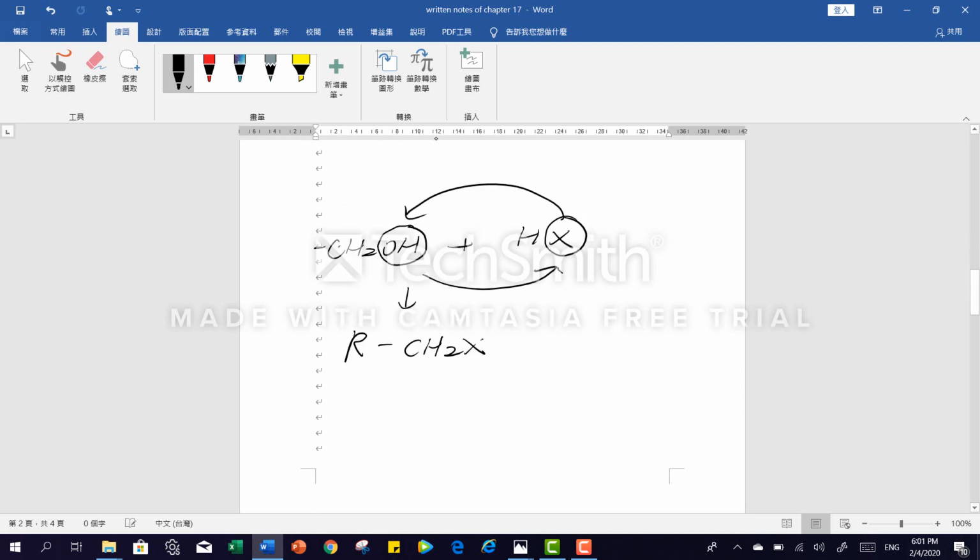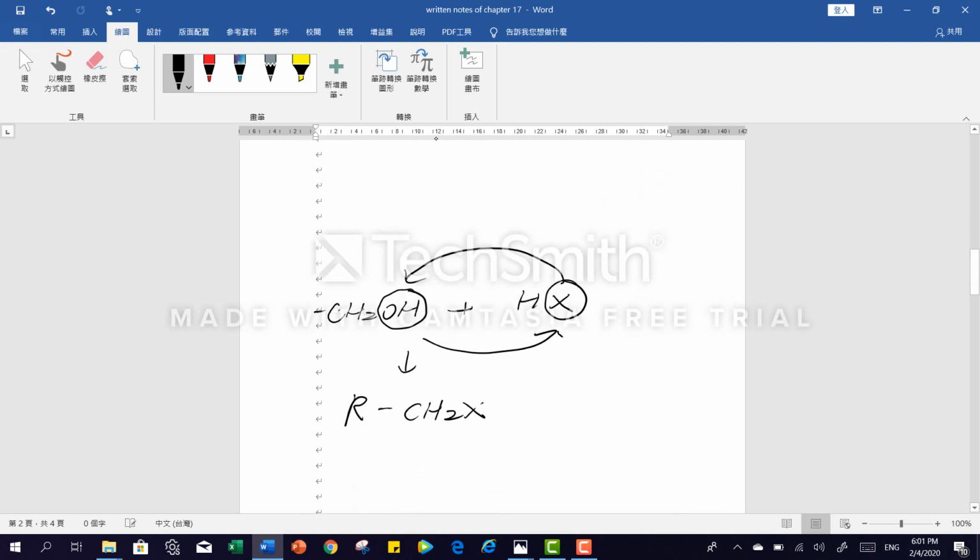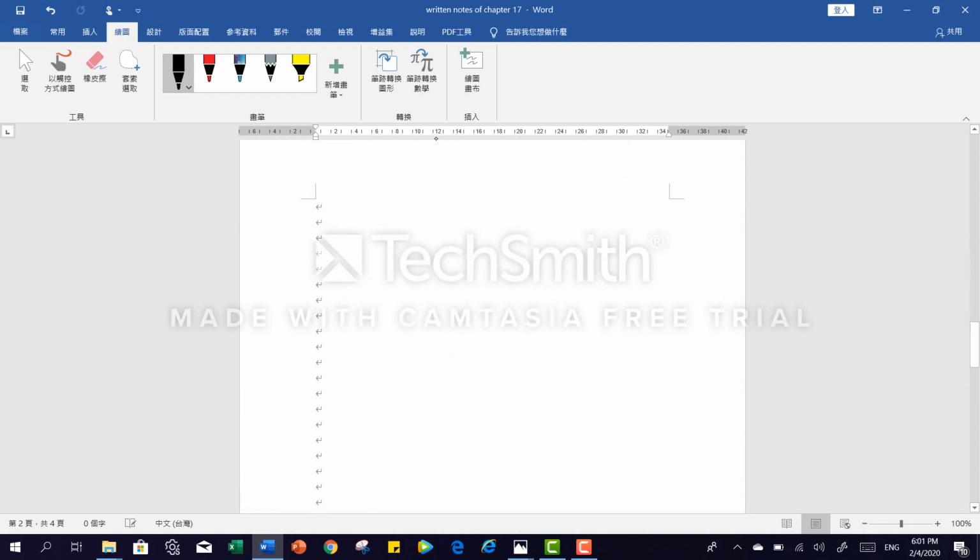And for the mechanism here, you don't have to know how to draw the mechanism for alcohols. But for halogenoalkanes, you also have to know when is SN1, when is SN2. But here I can also show you because I don't think it's that hard.